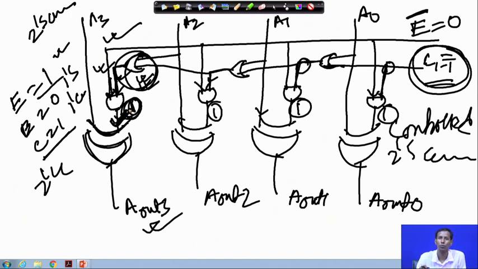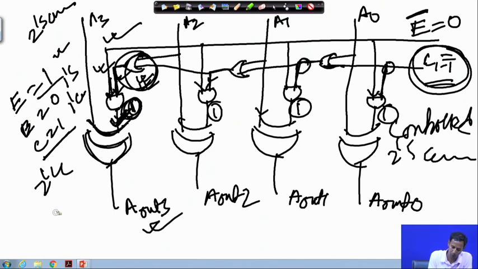Whenever I have to implement it, I need to change something so that it can work as a 1's complement. But this is a controlled 2's complement circuit. This is for 4 bit; for n bit this will just continue.